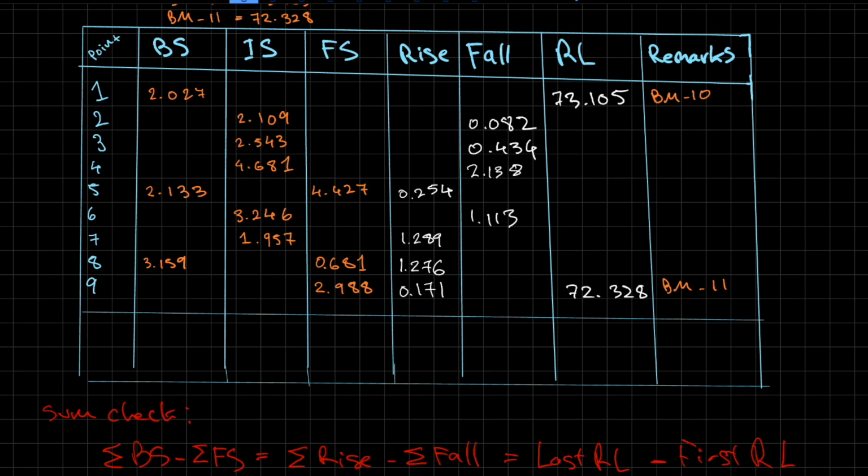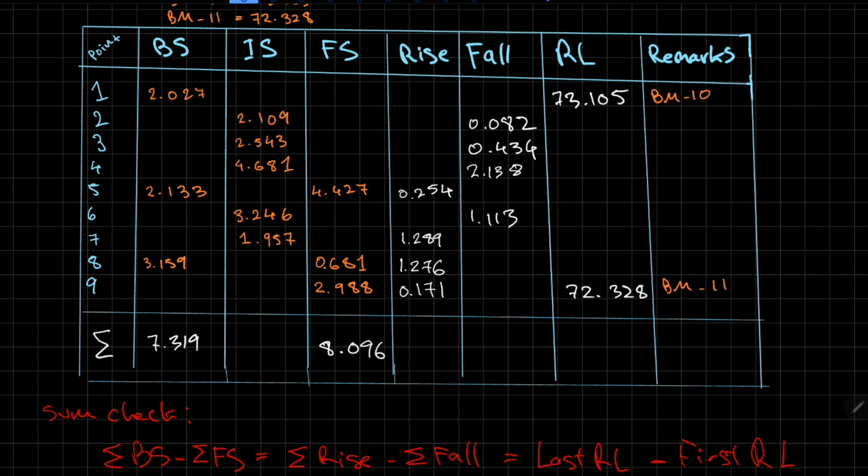Okay, we now need to calculate the sum values for backside. 2.027 plus 2.133 plus 3.159, the sum of that is equal to 7.319. Now we need to calculate the sum of foresight. 4.427 plus 0.681 plus 2.988 is equal to 8.096.